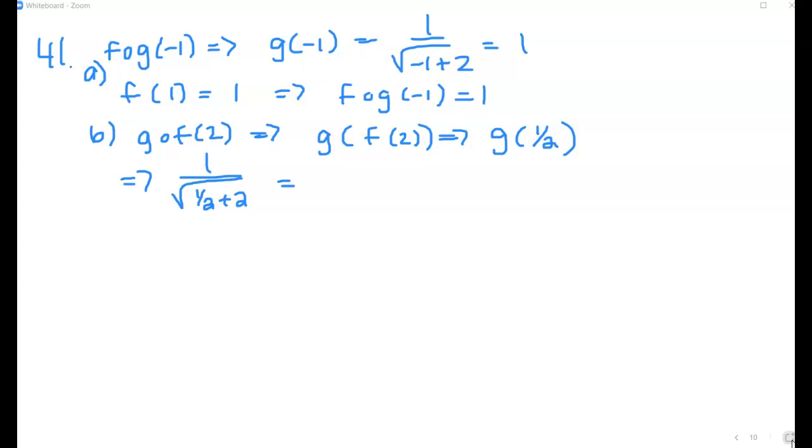So that becomes 1 over the square root of 2.5, which is the same as the square root of 2.5 over 2.5. But we know that we can't have a fraction in a fraction. So 1 over 2.5 is really the same as 2 square roots of 2.5 over 5.